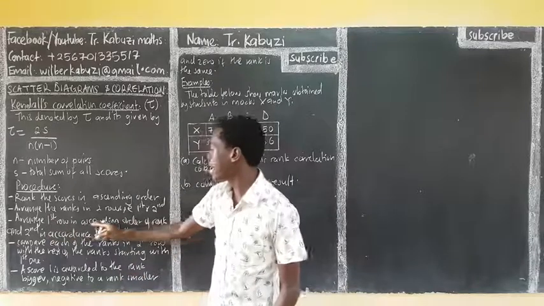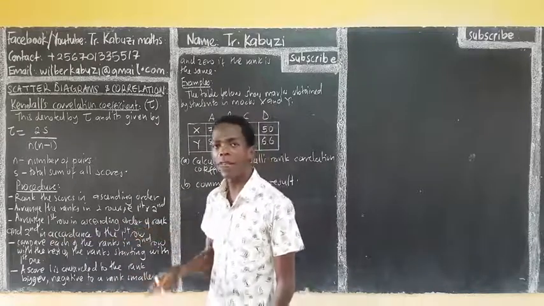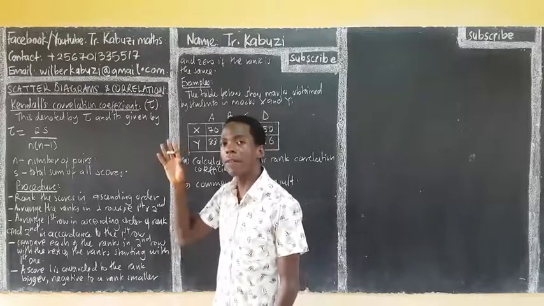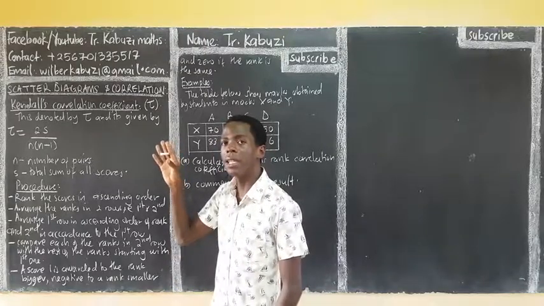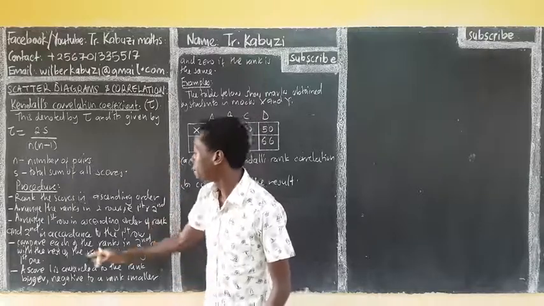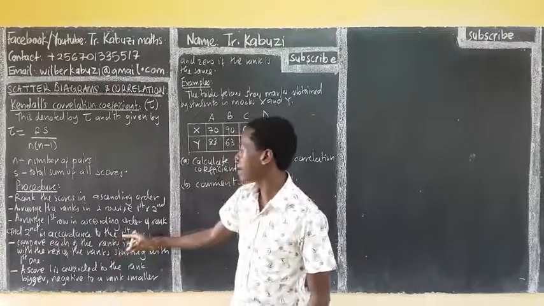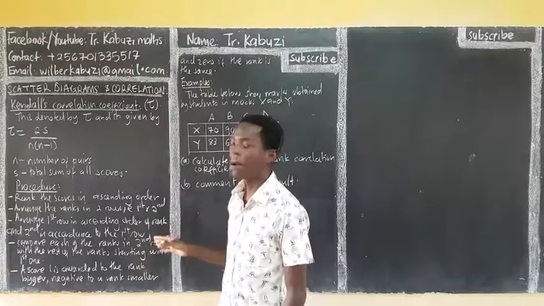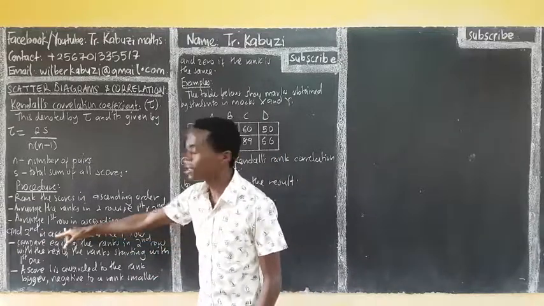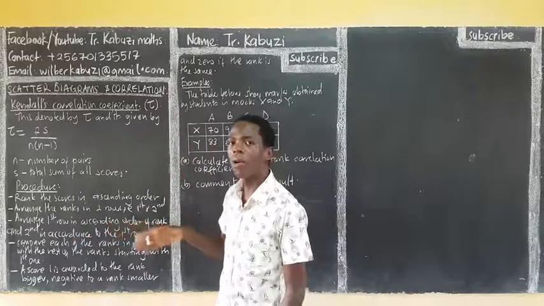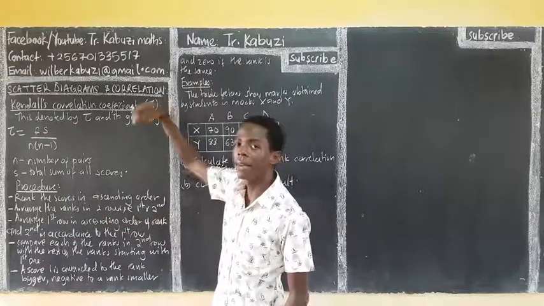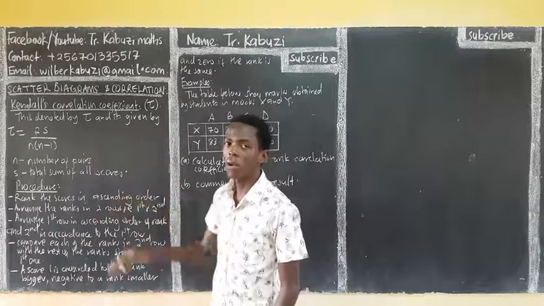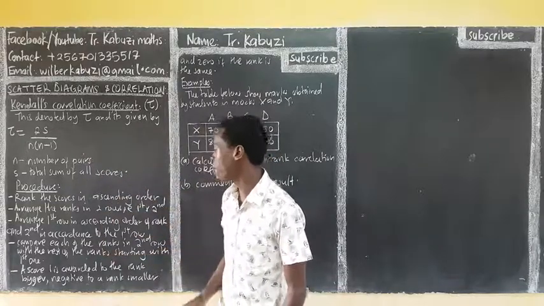Arrange the first row in ascending order of ranks, and the second row in accordance with the first row. After arranging the first row in ascending order, you put the second row in accordance with what appears first, giving its corresponding value in the second row.